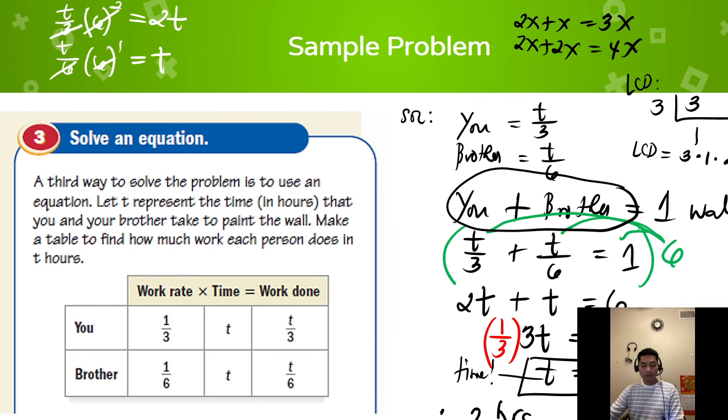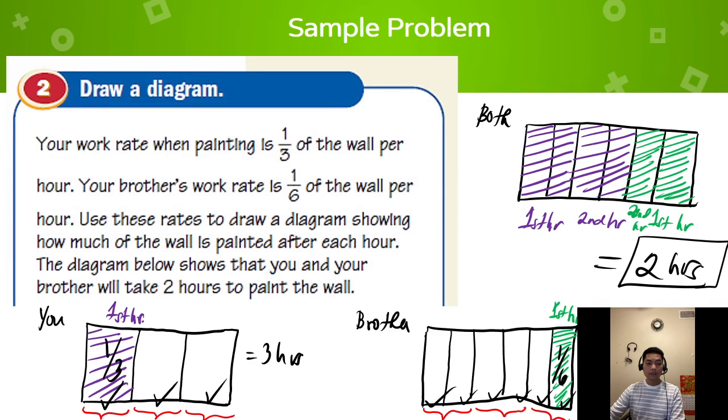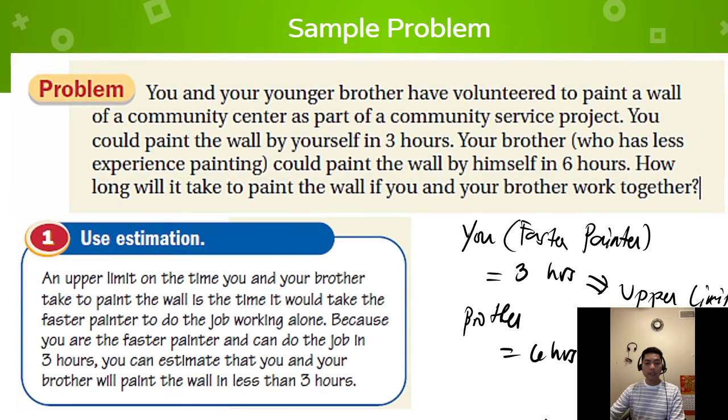Okay? So we review. I'll go back a bit to the slides that we've had. So the first one would be to look at the estimate. So we say if you can do it in 3 hours and your brother can do it in 6 hours, and you are doing it both, if you're helped by your brother, then it should be less than 3 hours.